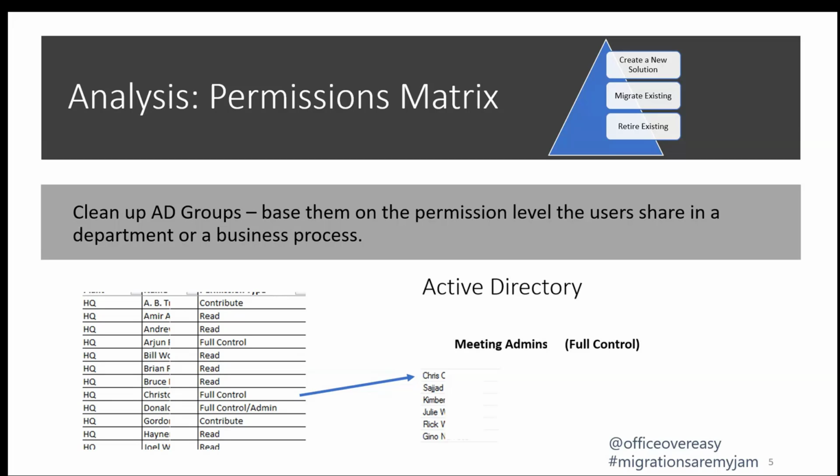And then you have to undo it later. So from a team's perspective, obviously, you've got your members and you've got your owners, but from a SharePoint perspective, we have a different permission level. In my opinion, for the best results, you're going to actually have a permission matrix that has people in groups based on their access to information.